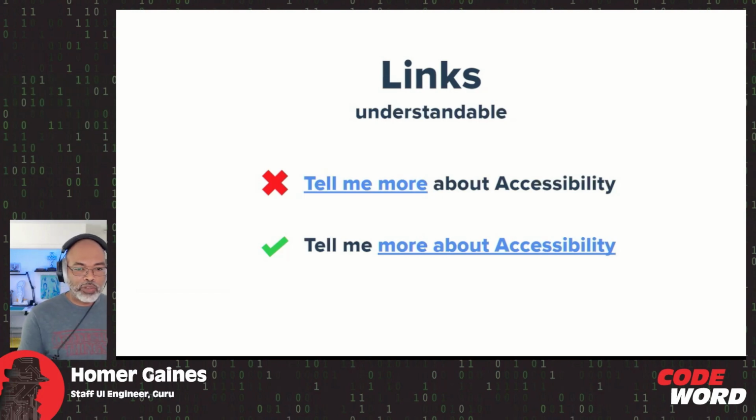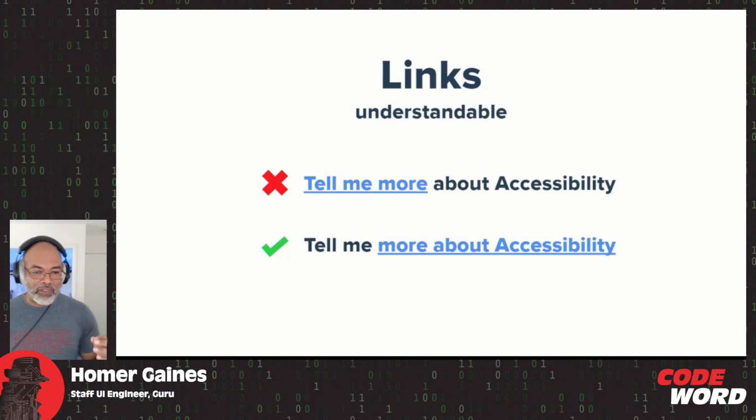Someone who's using a screen reader, such as a Mac's VoiceOver, has a very unique way of jumping through their content, and it's called a rotary menu. If they were to see this, "tell me more" would be the only thing that they would perceive.